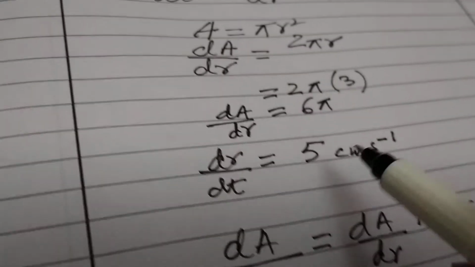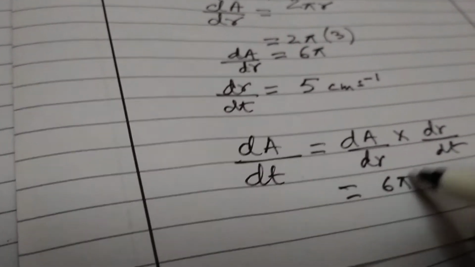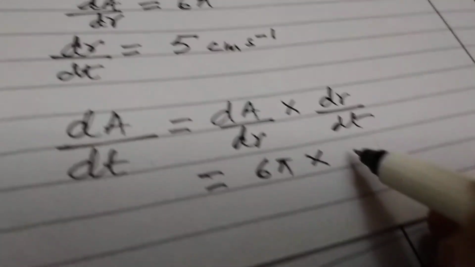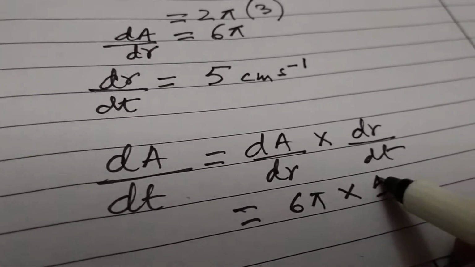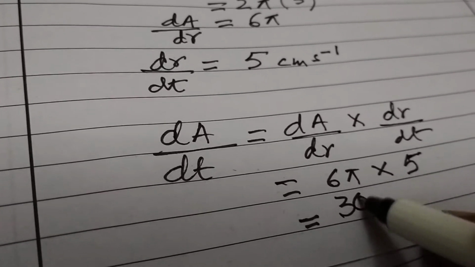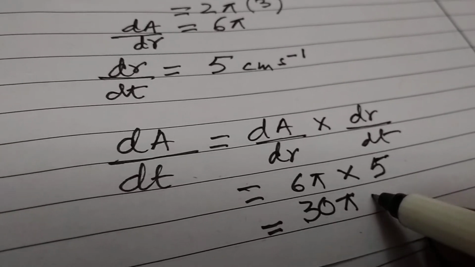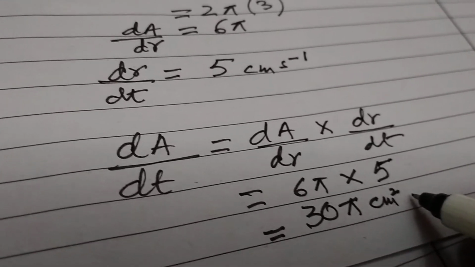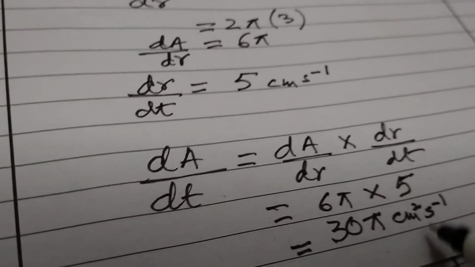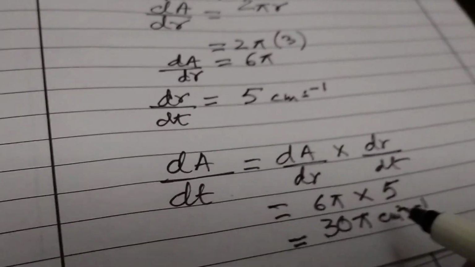What is dA over dr? 6 pi, we already have calculated, multiplied by dr upon dt, that is given to you as 5, so write down its value, and finally we get the answer 30 pi, and it is centimeter square per second. S to the power minus 1 means per second, so you can write centimeter per second as well.